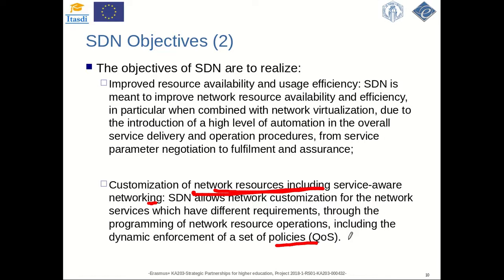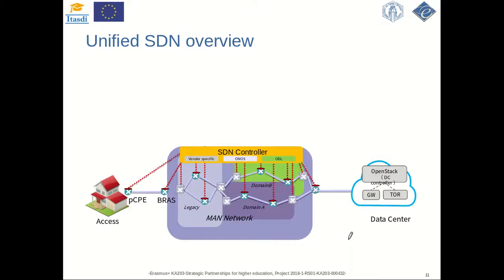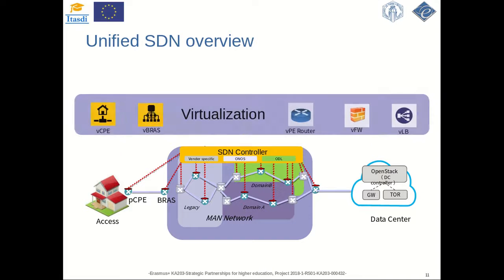Here we give one unified SDN overview, from the access point to data centers and clouds, showing how and where the virtualization happens. Virtualization happens, as we say, separate from and above the network infrastructure, which goes below.